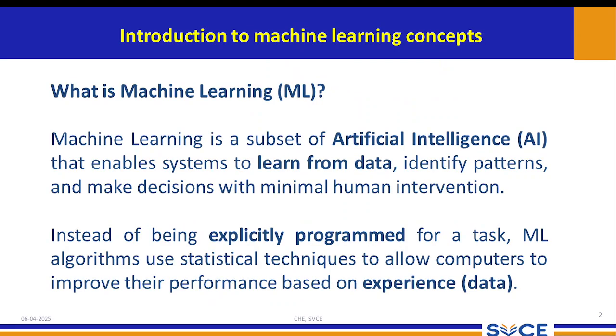What is machine learning? Machine learning is a subset of artificial intelligence that enables systems to learn from the data. It learns from the data, identifies the patterns, and makes decisions with minimal human intervention.